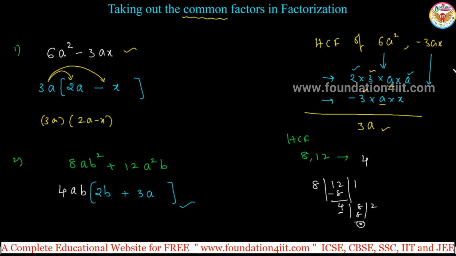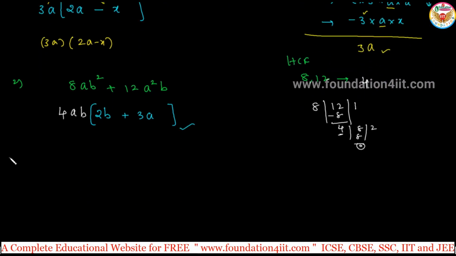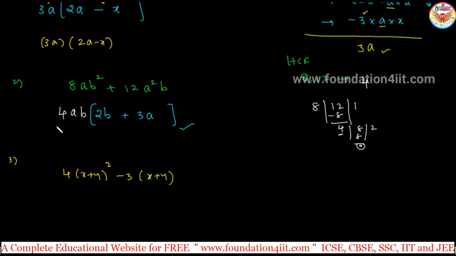Let me take some examples with fractions or combinations of terms. One more example. The question is 4 into (x plus y) square minus 3 into (x plus y). So like these problems, don't expand the question, just observe. x plus y is an expression, square is only one time.